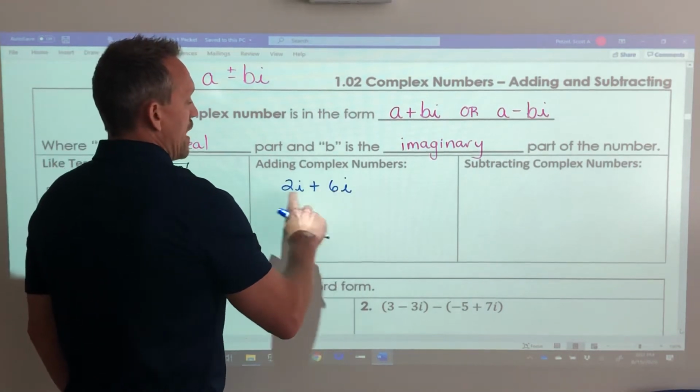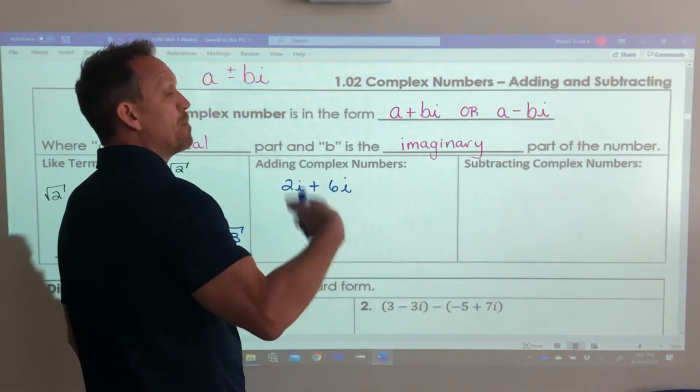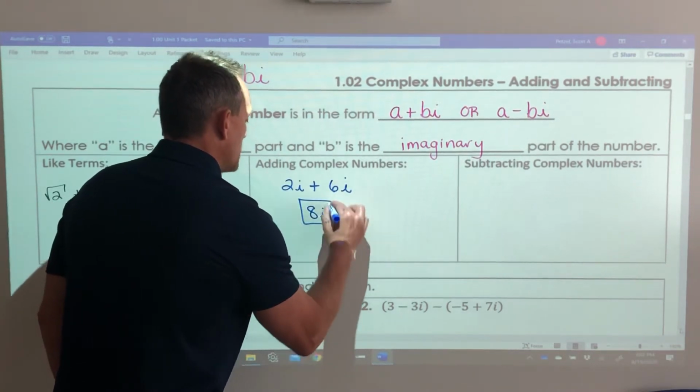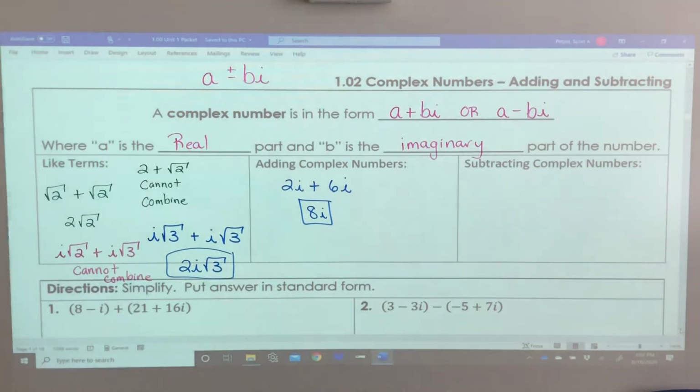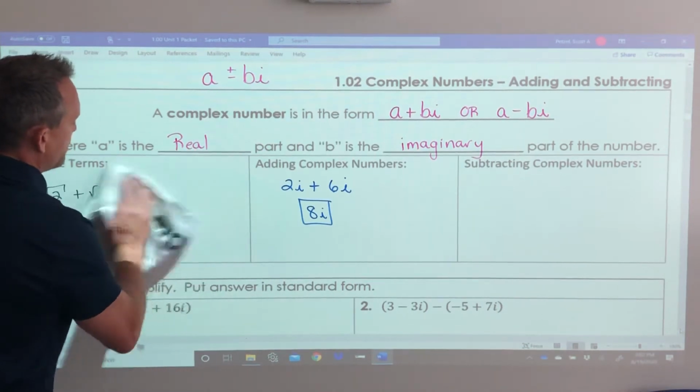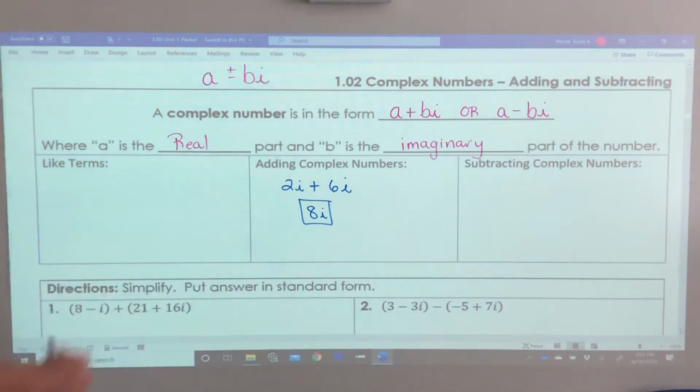A little bit different in this scenario, okay? These do not have to be the same. These are simply numbers. So this can be considered 8i, okay? Let me erase a little bit of this. You can always go back. That's the beauty of video. You can always go back and rewind it.